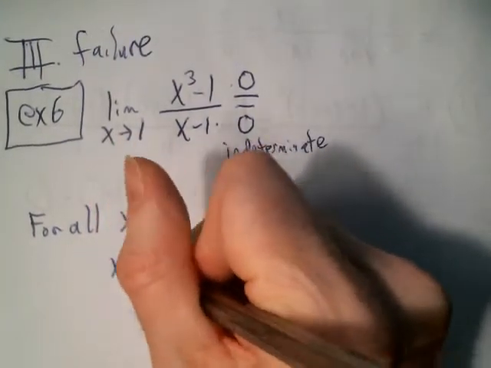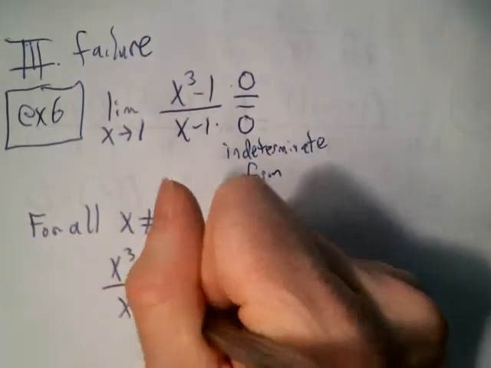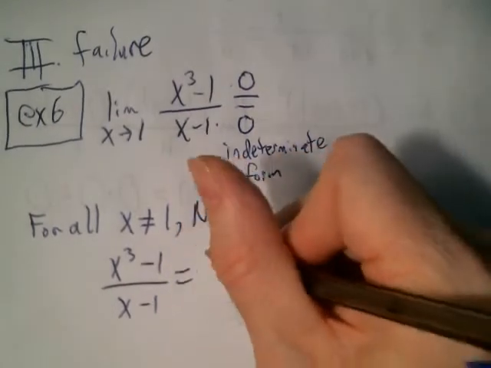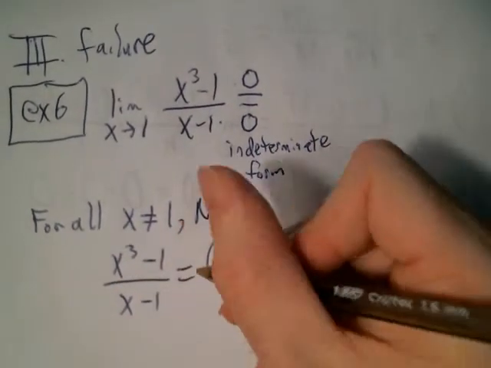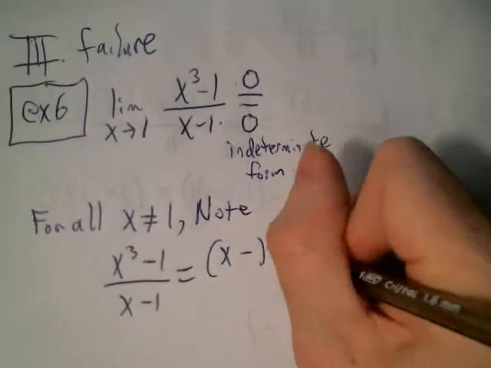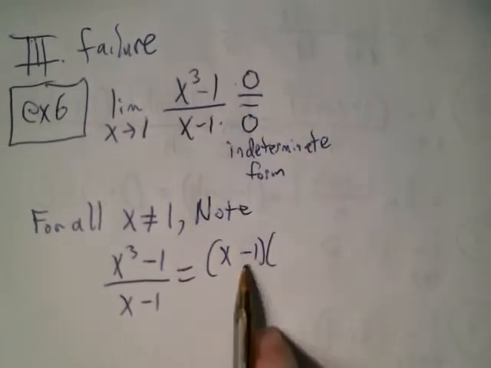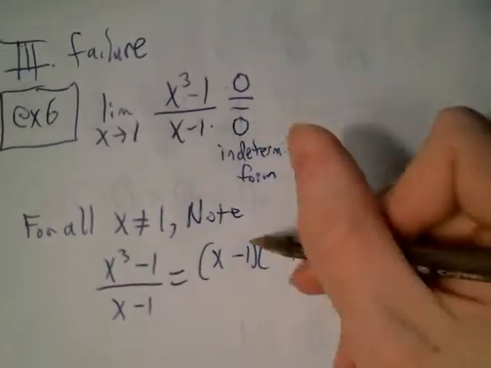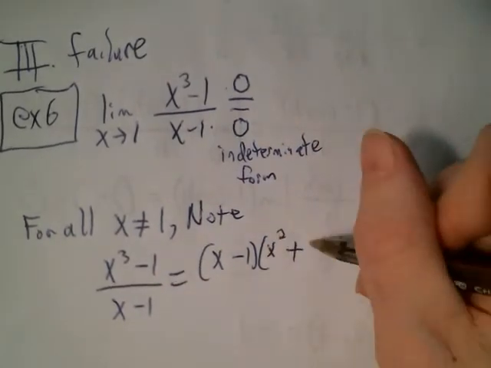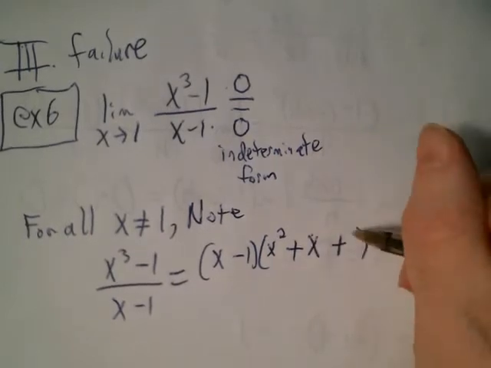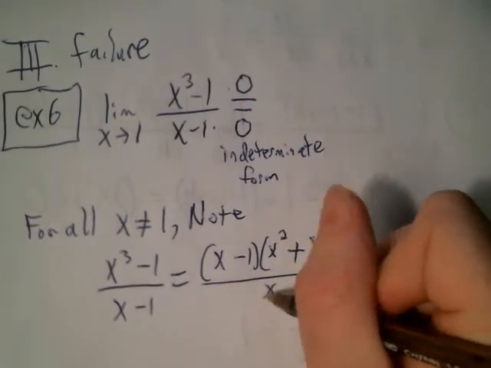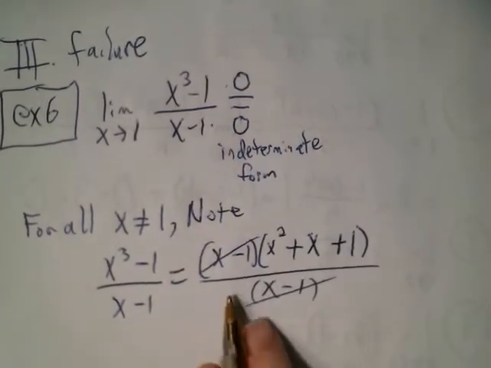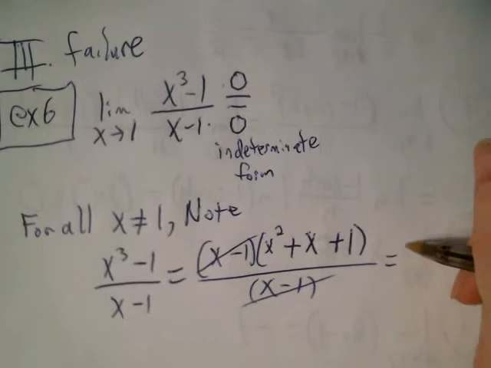So x cubed minus 1 all over x minus 1, we note this will equal, well, this is a difference of cubes, so I'll have x minus 1 times x squared plus x plus 1, all over x minus 1. And for all x not equal to 1, we can remove those guys and just be left with x squared plus x plus 1.